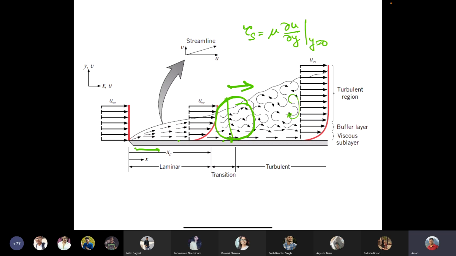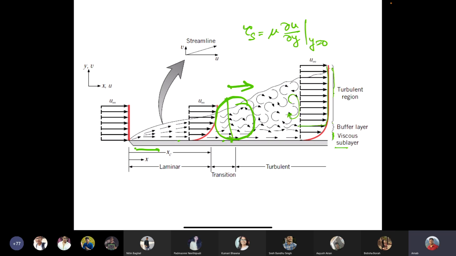So now if this is your turbulent region, in the turbulent region the velocity profile becomes mostly flatter. There exists a layer that is called the viscous sublayer that you have already heard, and in between there exists a buffer layer.